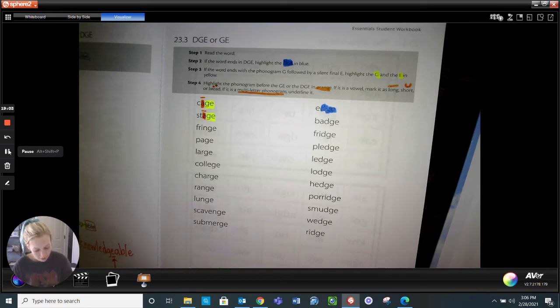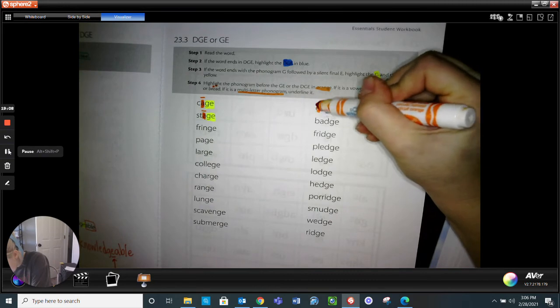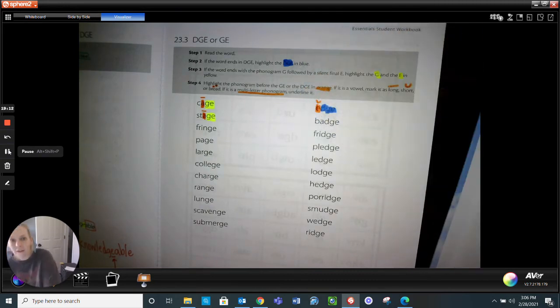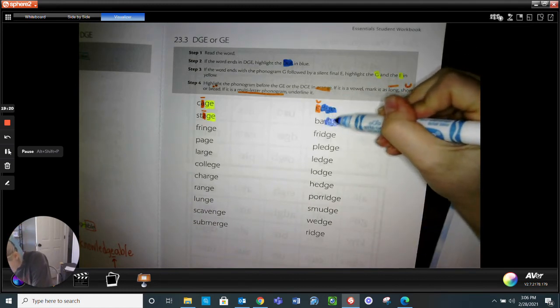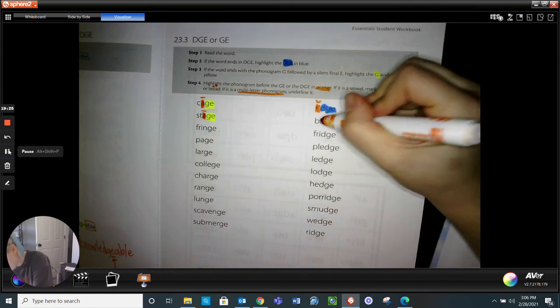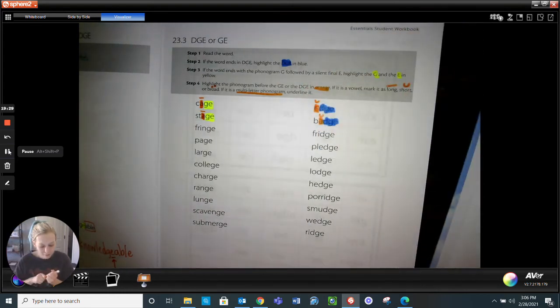And then the phonogram before is E. And edge is making its short sound. All right, next is badge. I need my blue again. And then the phonogram before is making its short sound, ah, ah.